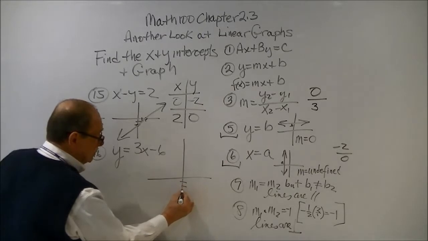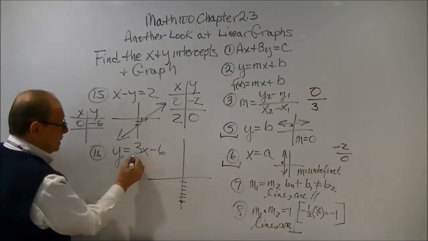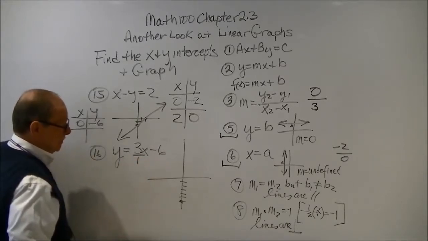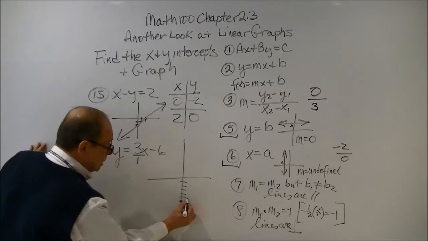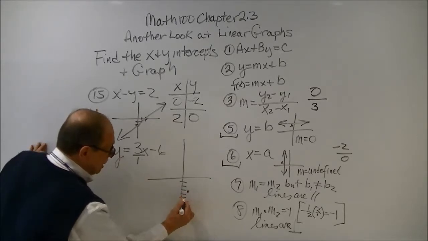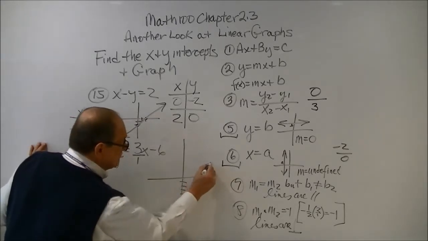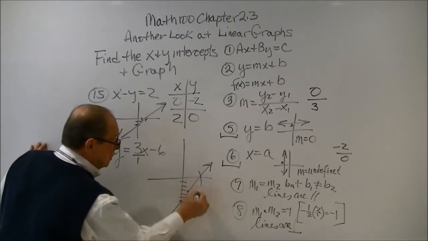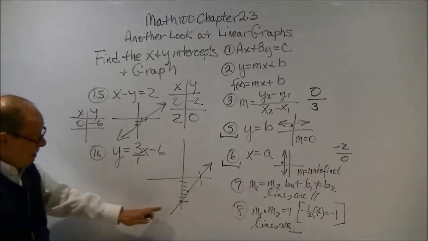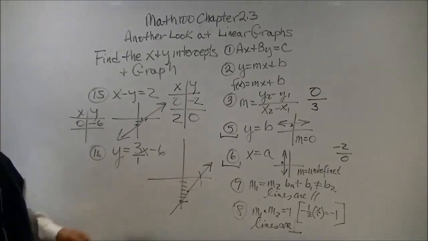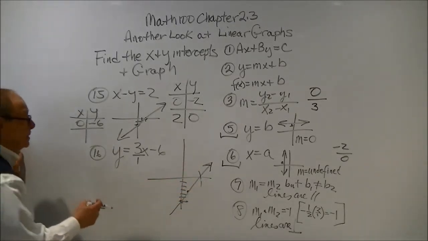So 1, 2, 3, 4, 5, 6, a dot right there. Now our slope is 3/1. So using that technique, we're going to go over 1, up 3, and then this gives us our line. So our x-intercept is right there. We don't know what it is, but this is a valid way. But let's find the x-intercept anyway.